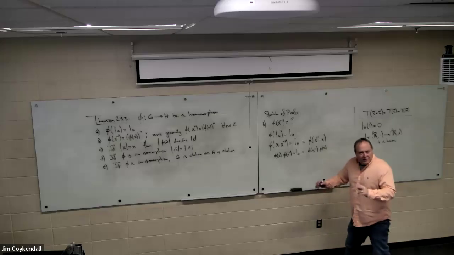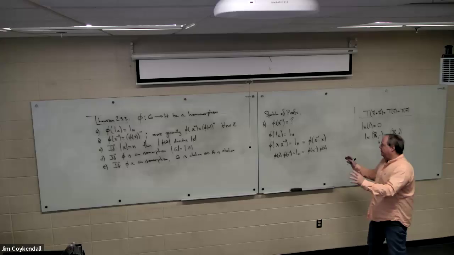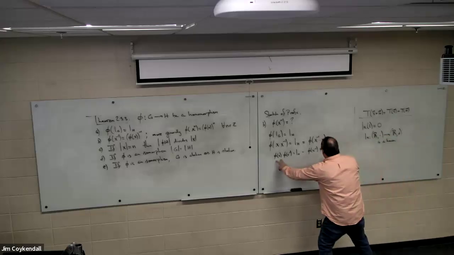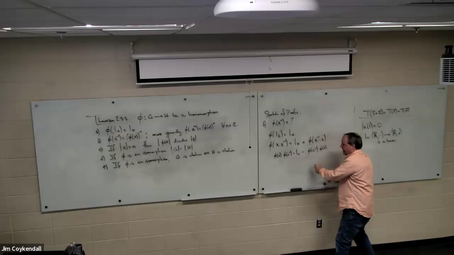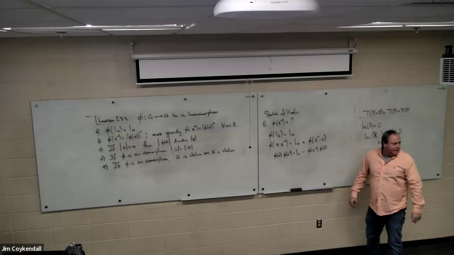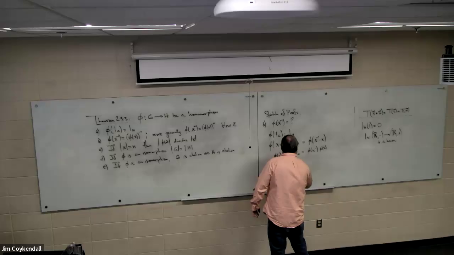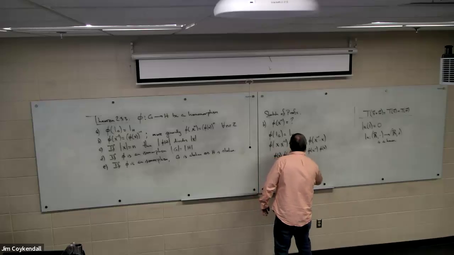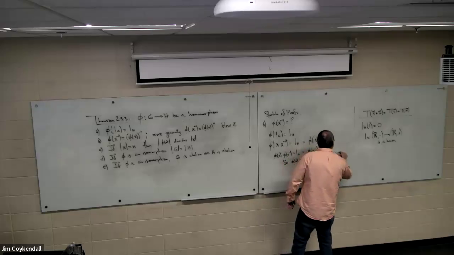What this equation is telling me is, if I have phi of x inverse and I multiply on both sides by phi of x, I get the identity. So phi of x is the inverse of phi of x inverse.